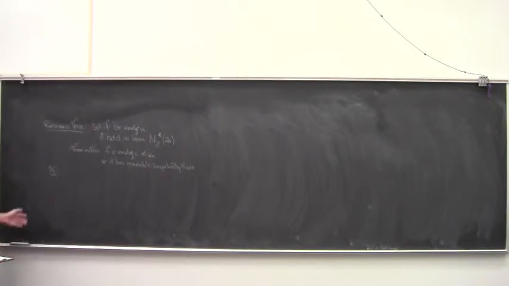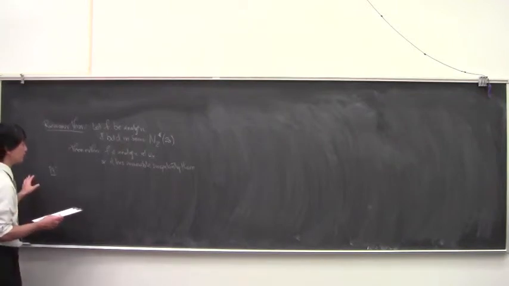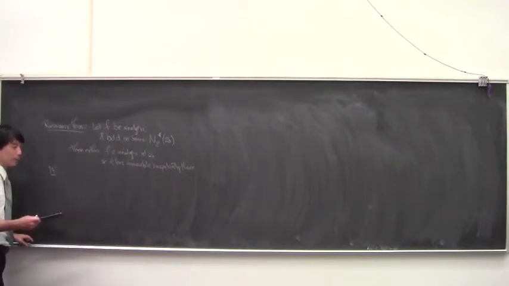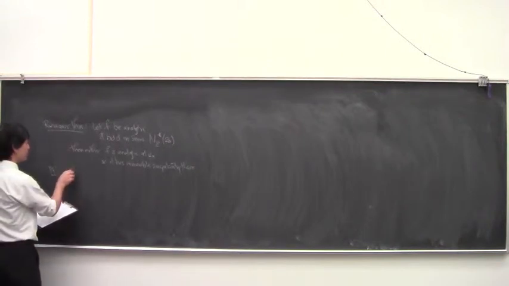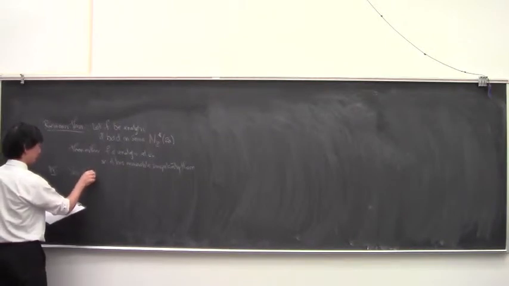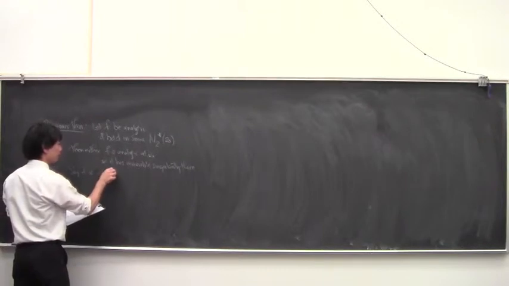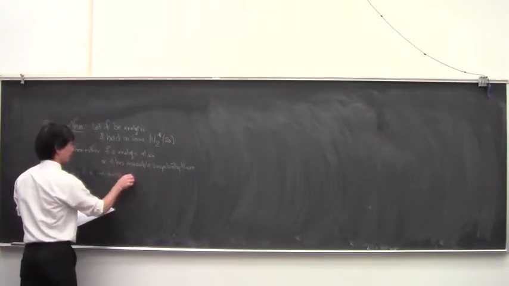That's one way to do it. There's another way to do it that's reminiscent of the proof of Cauchy's inequalities. So let's say that f is not analytic at z0.